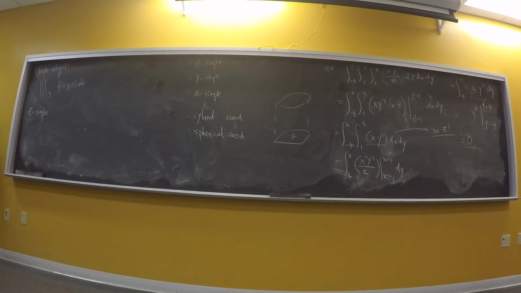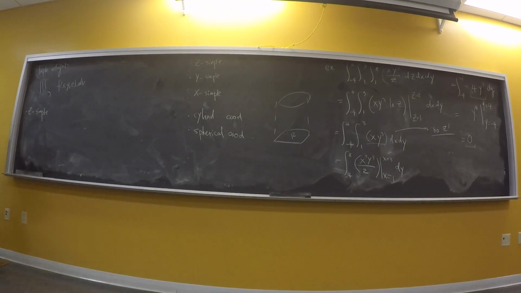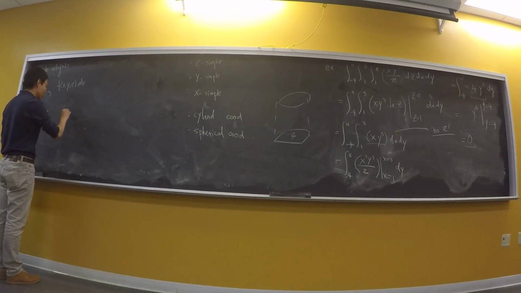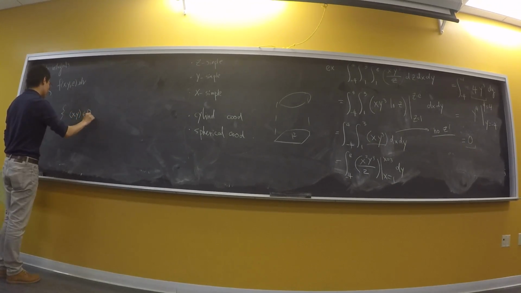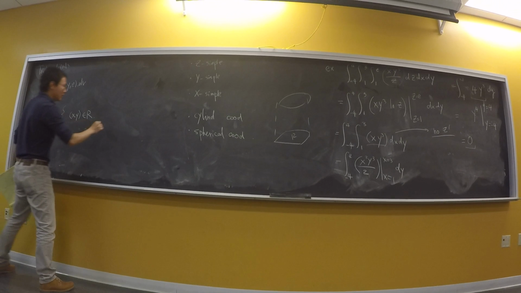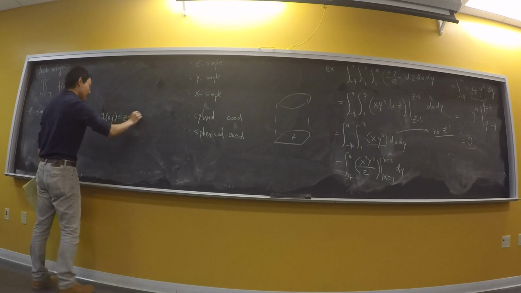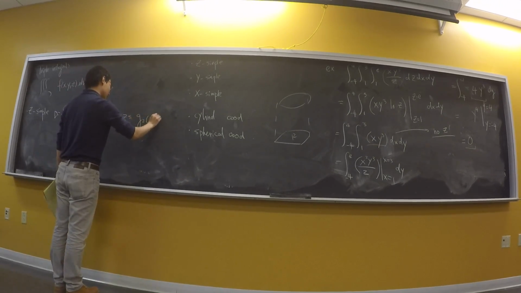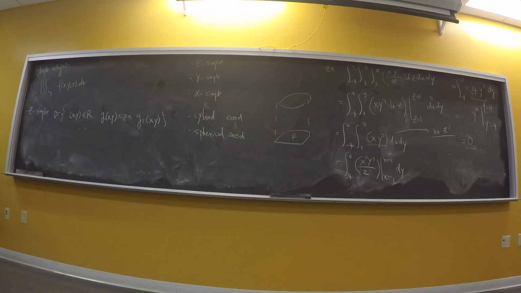Okay, so we still got a couple minutes. I want to give you the idea of what a simple region is. So the Z simple region is actually bounded by two functions of... so this will be the simple region in the Z variable.